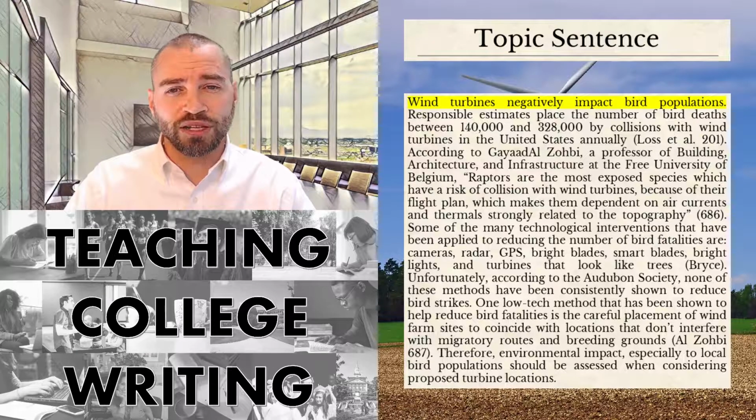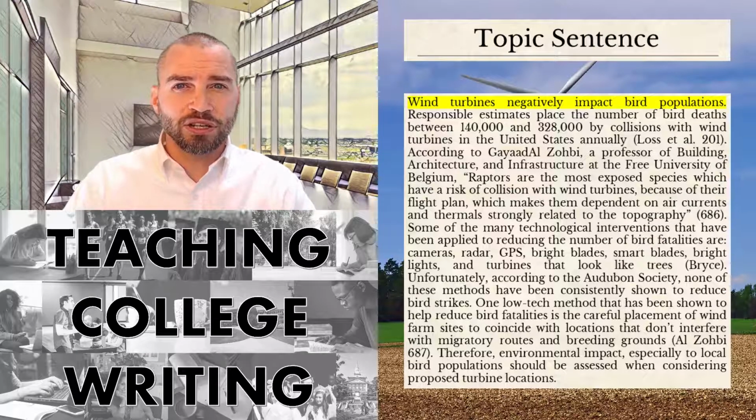That's where the topic sentence comes in. The topic sentence here prepares the reader to process all that information in a certain frame, that wind turbines have a negative impact on bird populations. The reader isn't going to remember each individual piece of evidence that the writer provides, but they're much more likely to remember the central point, that they have a negative impact on bird populations, because the writer has primed the reader to process the specific information from that initial viewpoint.